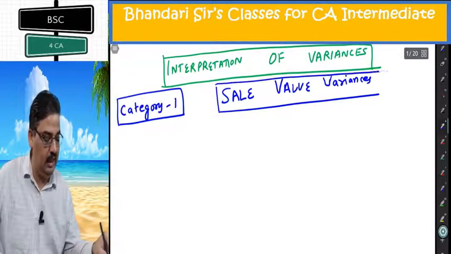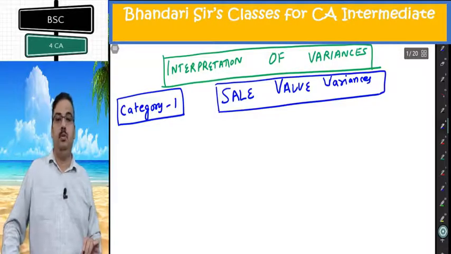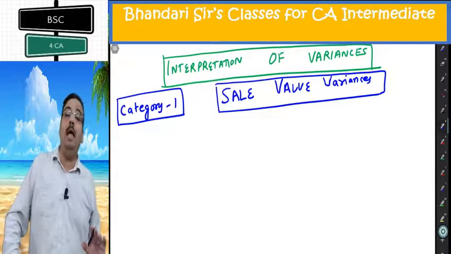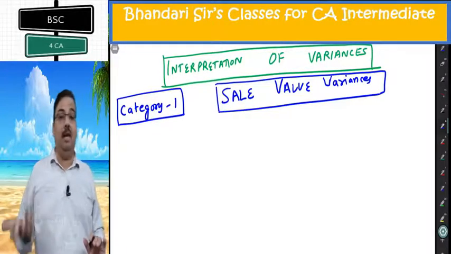Now, what does this category show? This category tells me why my actual sale was different than budgeted sale.